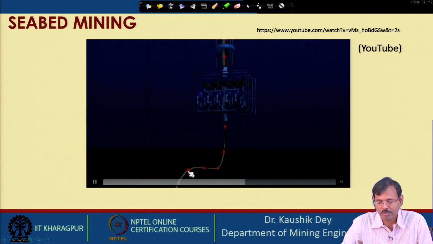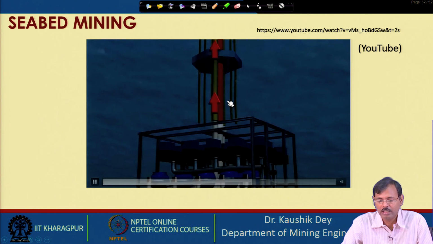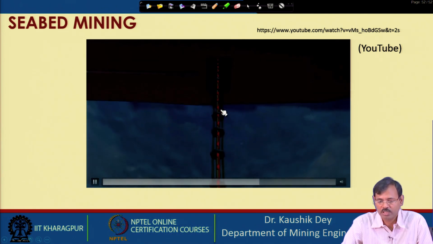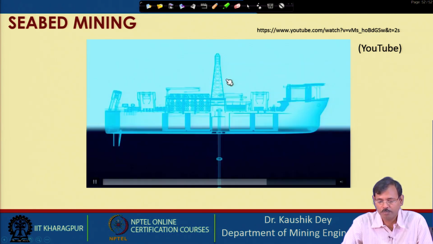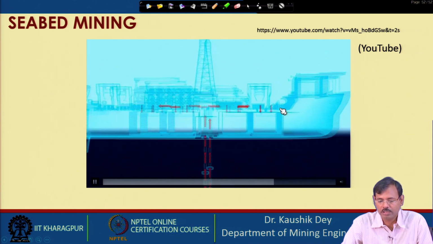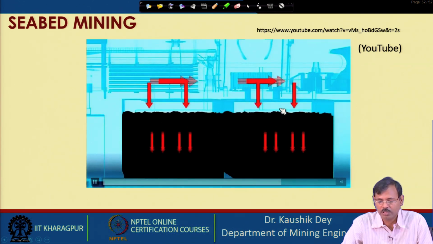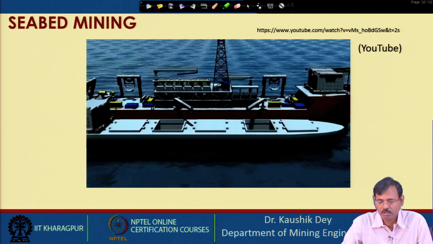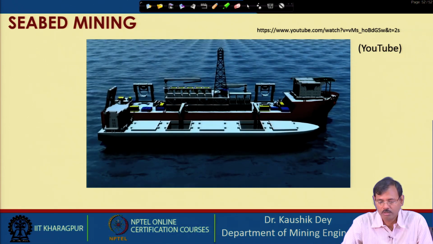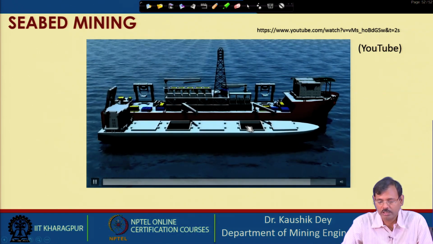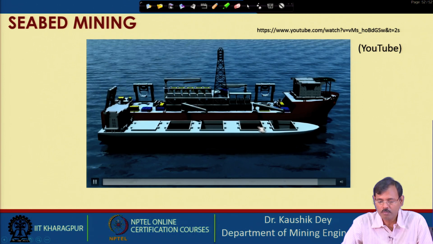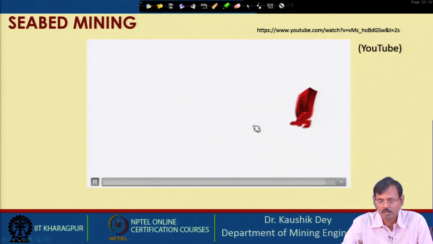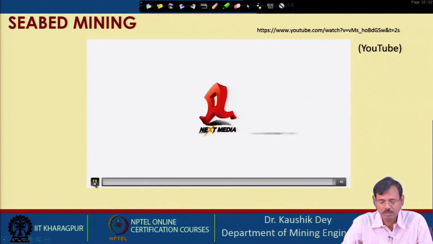After this excavation, the material is sucked and then pumped to the ship, and from the ship it can be transferred to boats, and sent through the boat from the sea to the land coast.